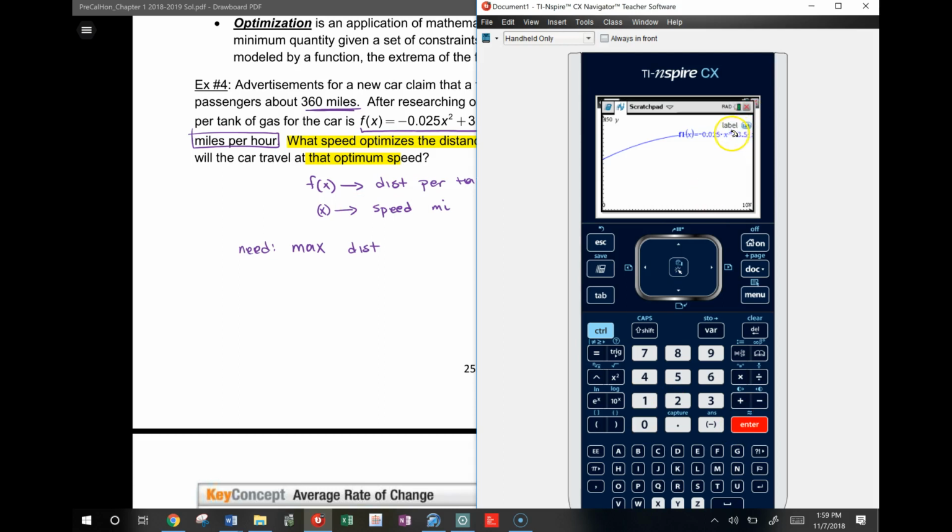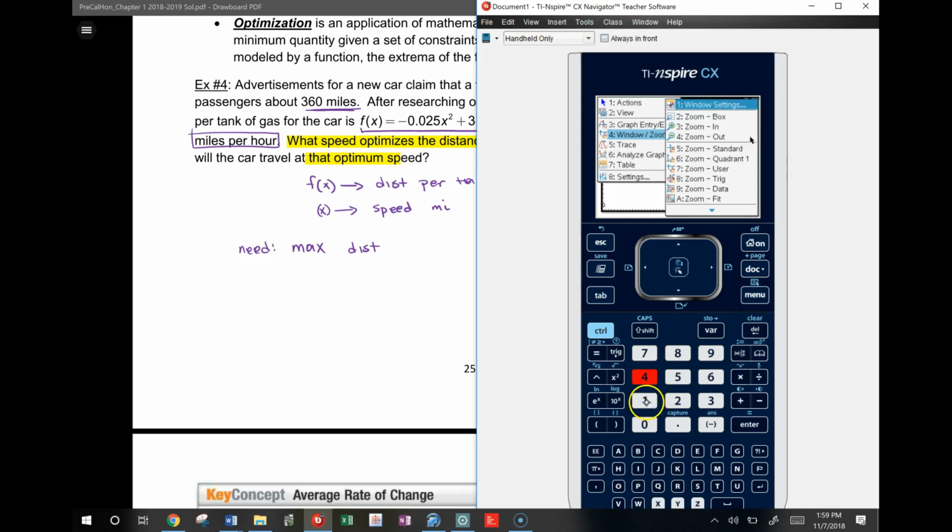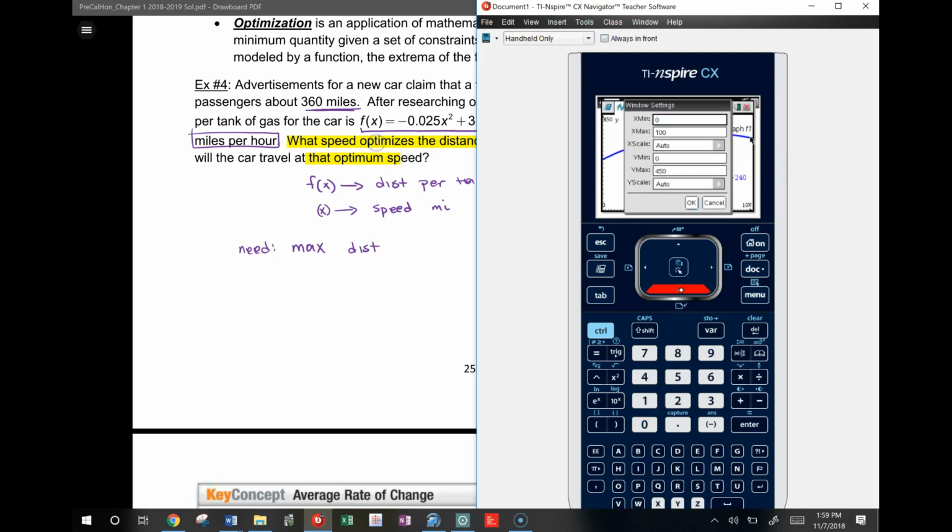So do you see there is a maximum happening over there? All right, now if you want to see a little bit more of that, you could change it to a little bit more. Why don't we change this to like 200, even though we're never going to be going that fast, just so we get a better sense of what the graph looks like, okay?